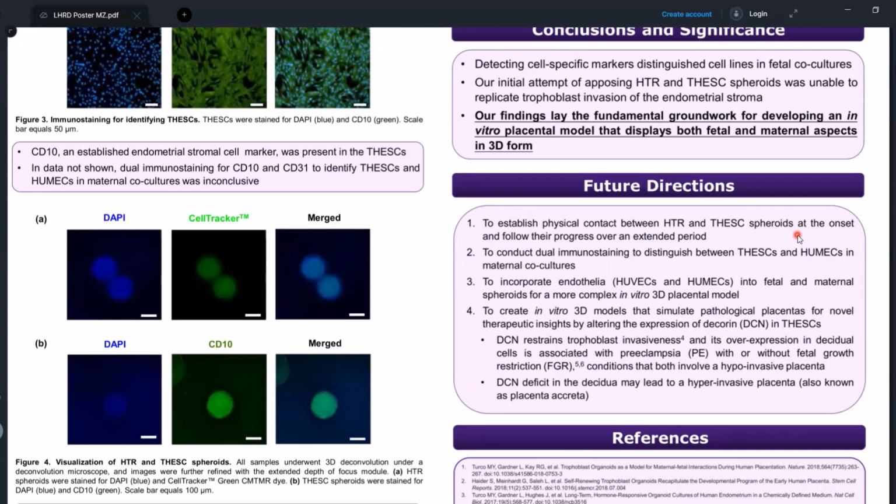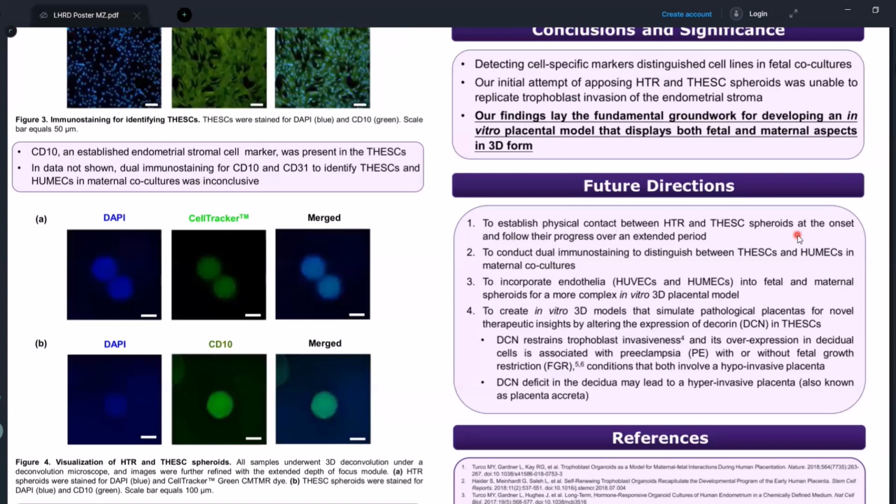To achieve this objective, we plan to alter the expression of decorin, a proteoglycan produced by decidual cells in T-HESCs. Our lab found that decorin restrains trophoblast invasiveness, and moreover, its overexpression in decidual cells is associated with preeclampsia in mothers with or without fetal growth restriction.